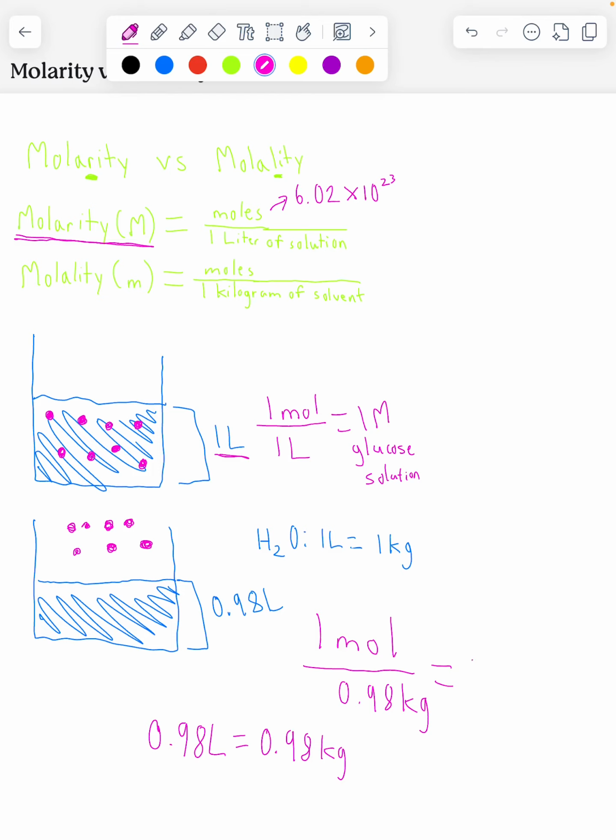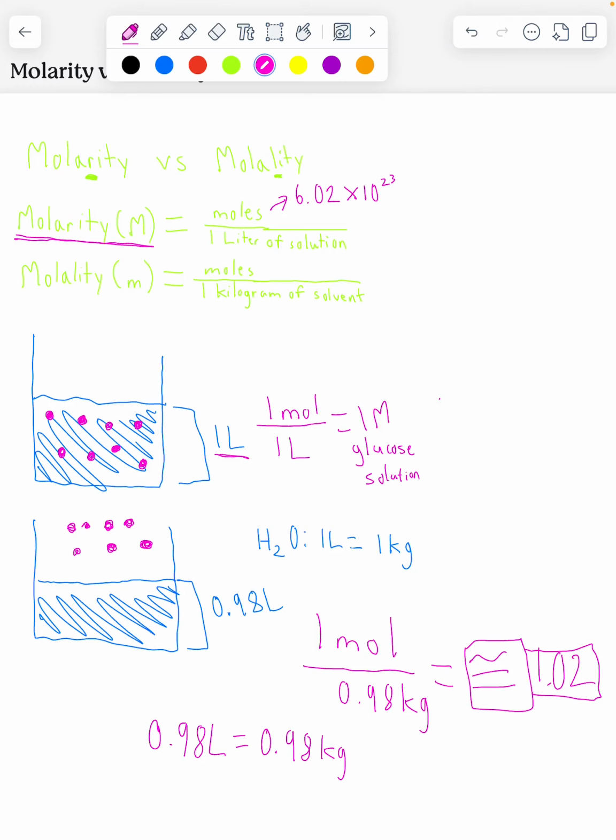Okay, so now we have 1 mole over 0.98, and that is going to be around, so this symbol means it's not exactly equal to, but it's relatively similar to, and I'm actually going to pull up and calculate it here real quick. 1.02. It's about 1.02.